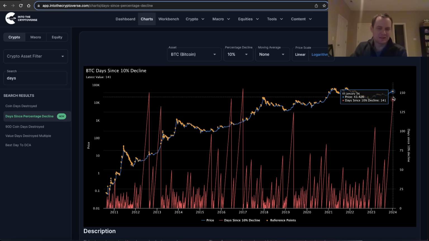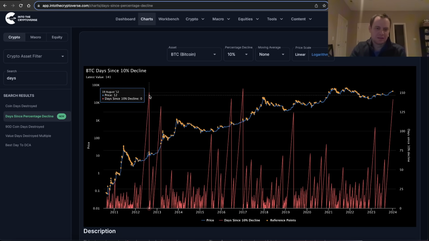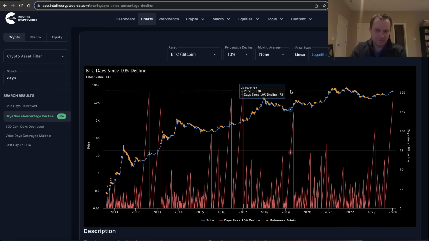Everyone's talking about the spot ETF and whatnot. But I have to imagine that sometime in the next few weeks, we'll probably get a 10% correction, right? I mean, it's been about four to 5 months. And normally, you don't really go more than 4 to 5 months without a more durable 10% correction that doesn't just get eaten up on a single wick.